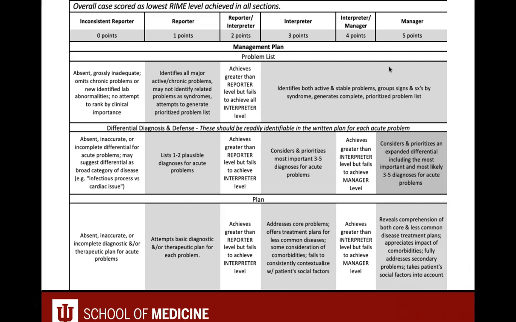Further, going through the rubric, here you can see there's a section for the problem list and a separate section for the differential diagnosis and defense, and finally a section for your plan. All of these are scored on the RIME scale individually, and your lowest RIME level performance in all sections will be your overall score for the case.